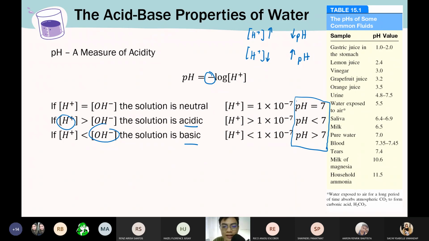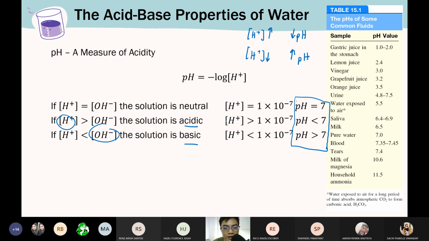Basta tandaan, kapag acidic, less than 7. Kapag basic, greater than 7. Because I encountered some people na medyo confused pa rin, so this is just a reminder that the trend is opposite.